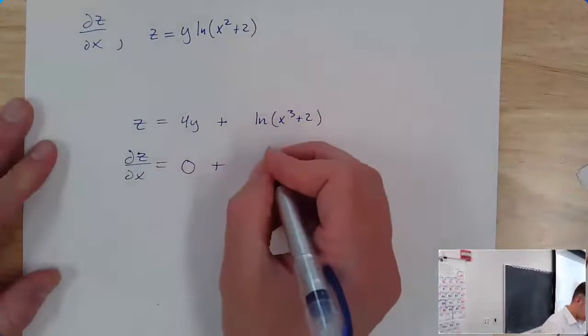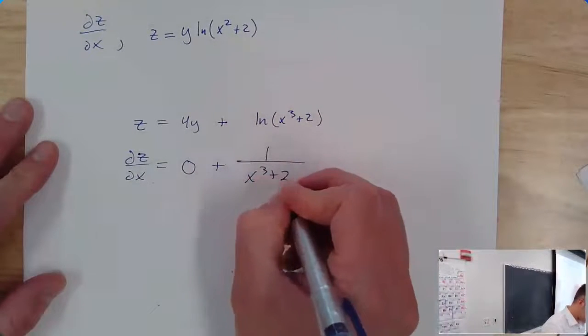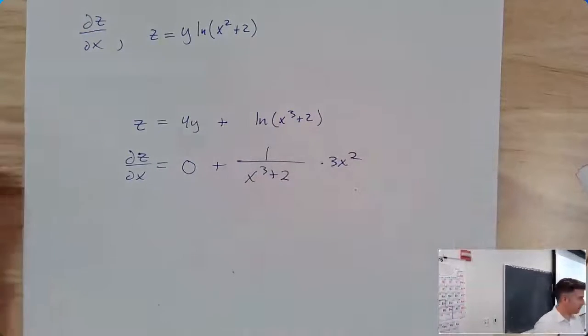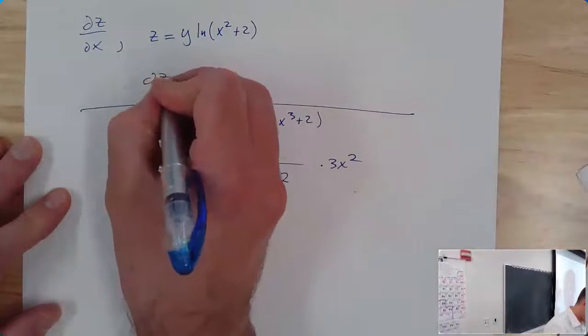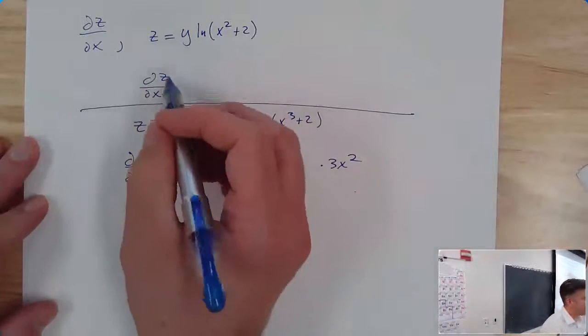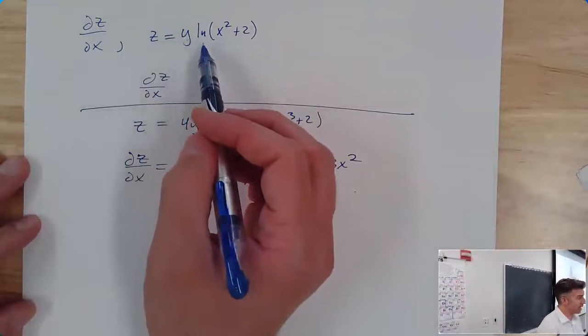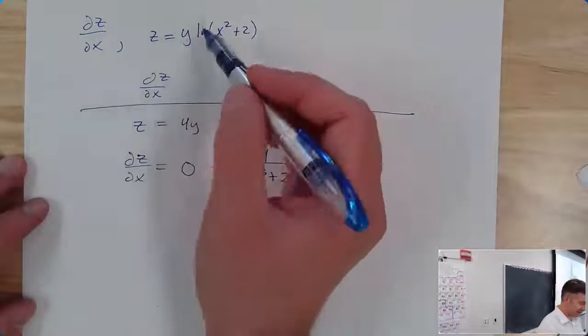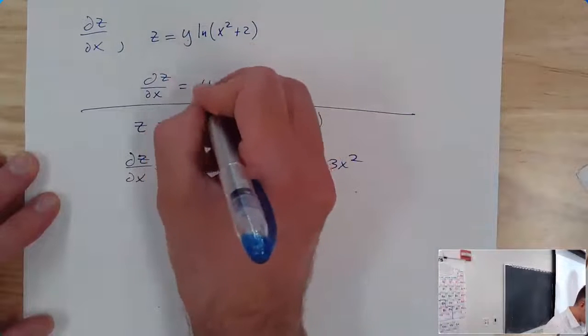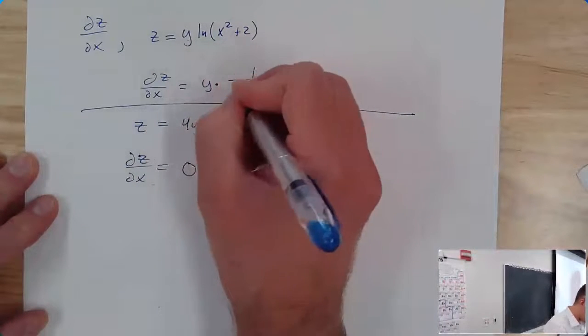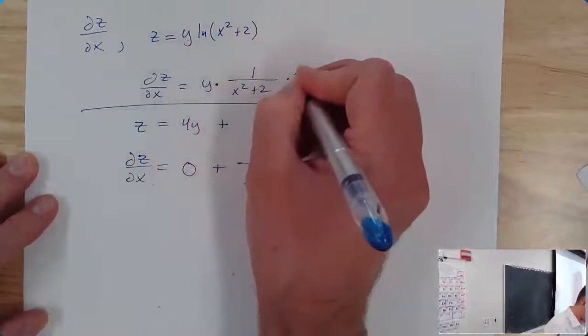Plus this garbage, 1 over the stuff, times the derivative of the stuff. Here, the y gets to hang out because it is multiplied by a function of x. So that's like a constant multiple. So here the derivative would be y times 1 over (x squared plus 2) times 2x.